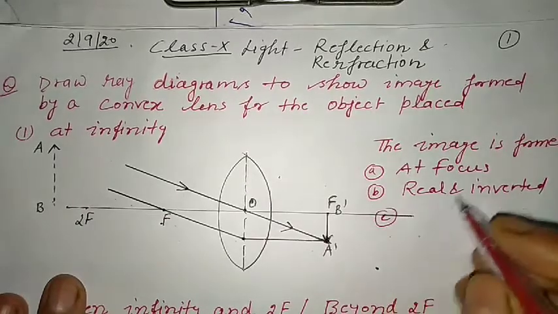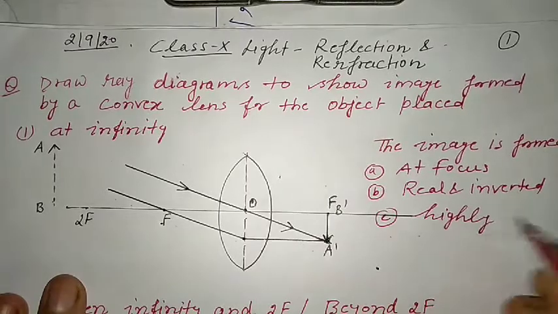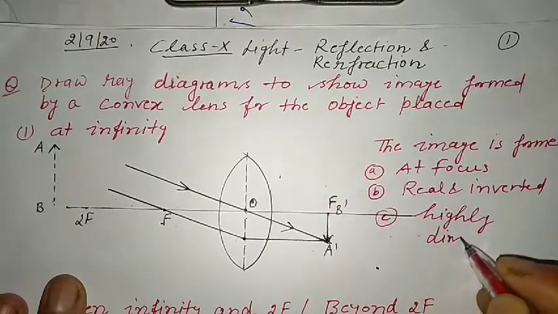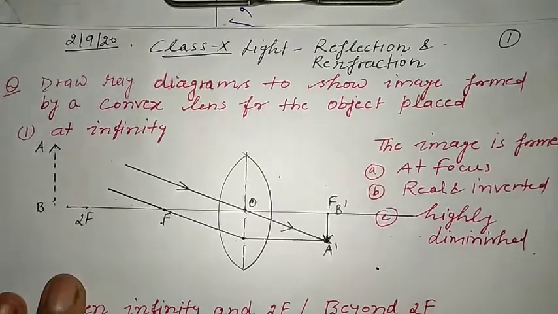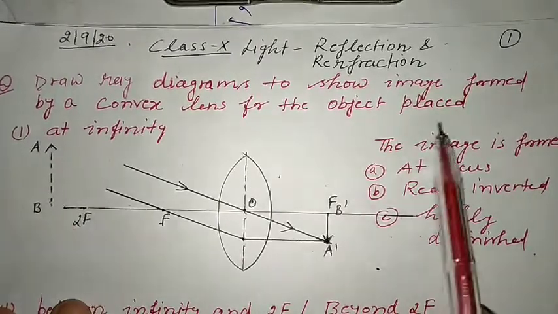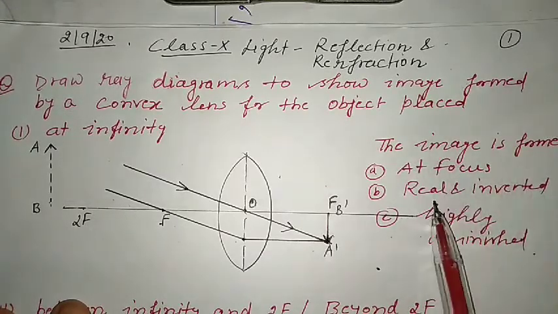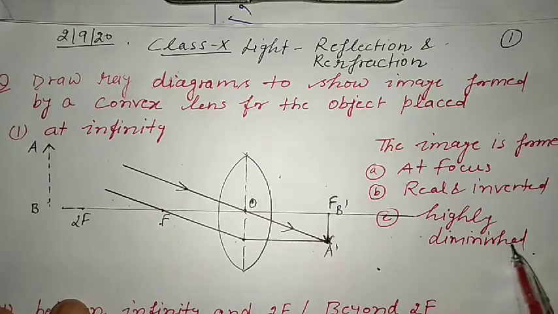And third, highly diminished. So when the object is placed at infinity, the image is formed at the focus, real and inverted, and highly diminished, meaning smaller than the object.